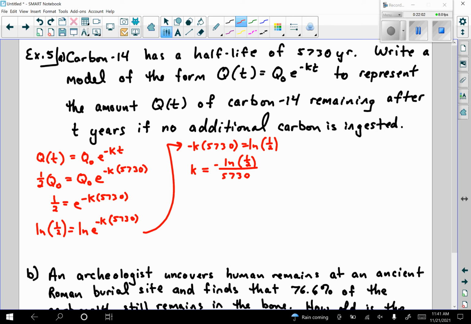So then k is approximately, we're going to take this one out pretty far, 0.000121.